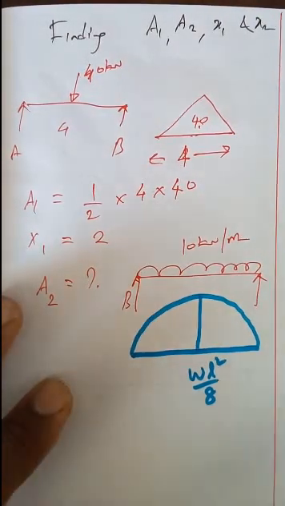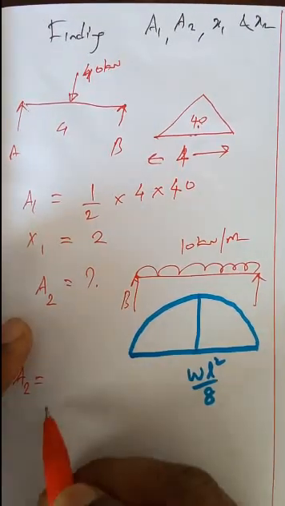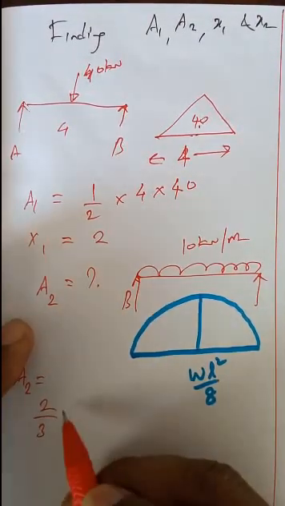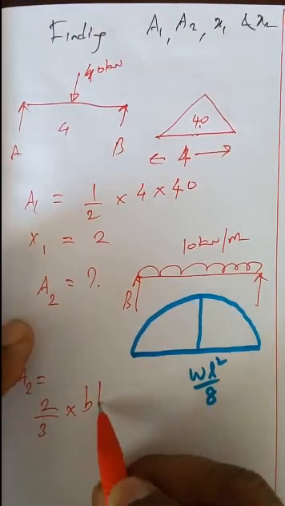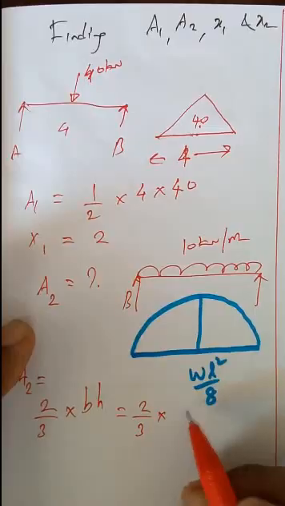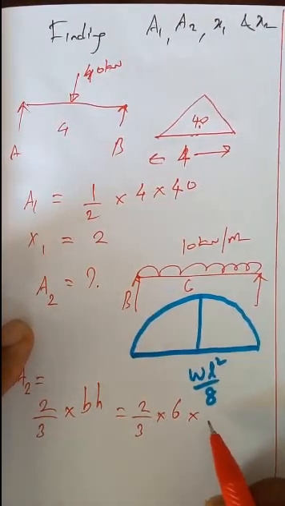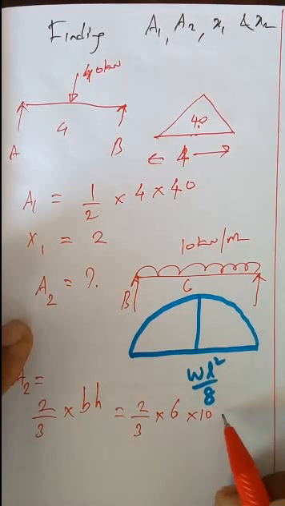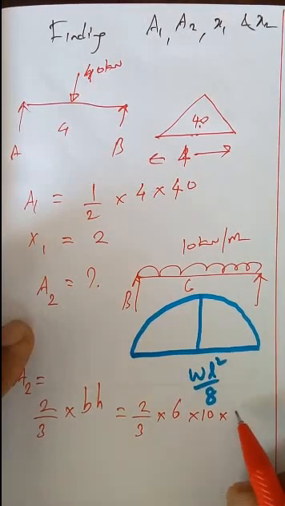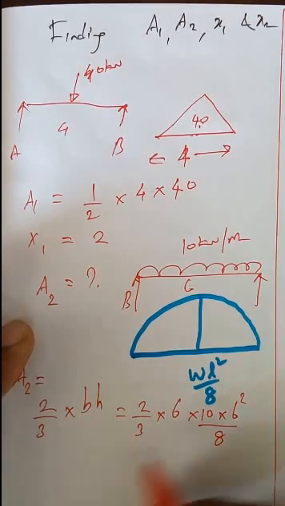So A2 equals 2 by 3 into base into height, that is 2 by 3 into 6 into W L square by 8, with W as 10 and L as 6.